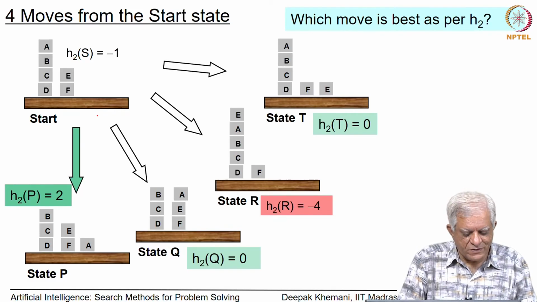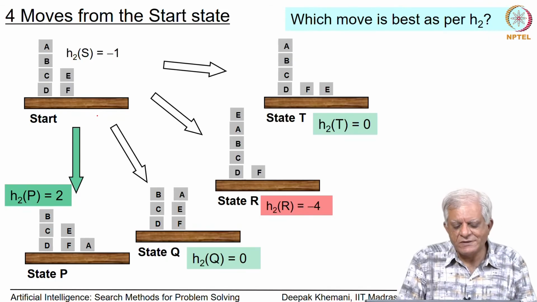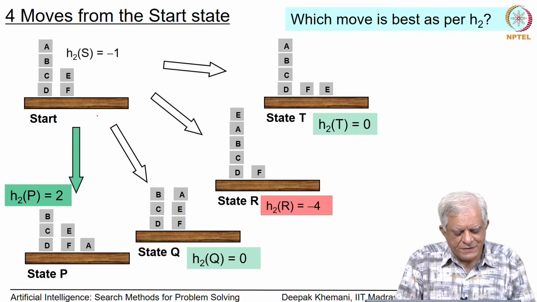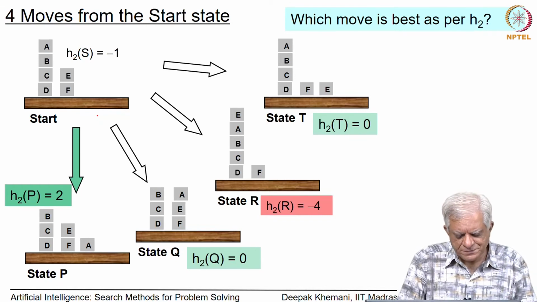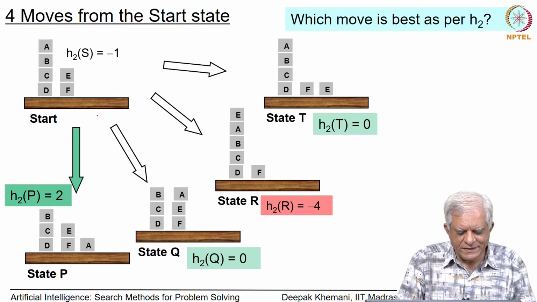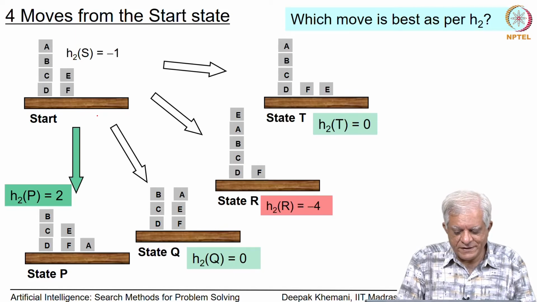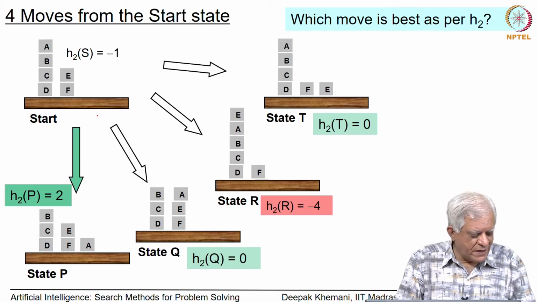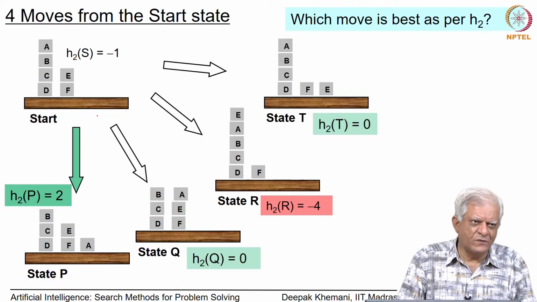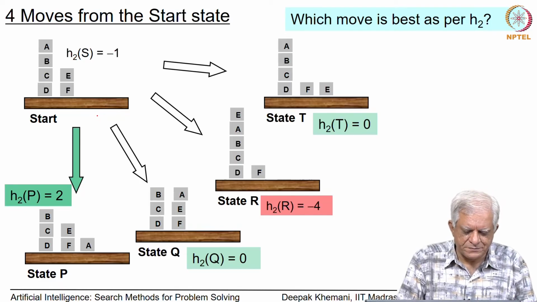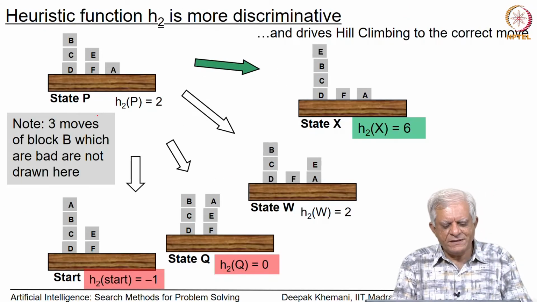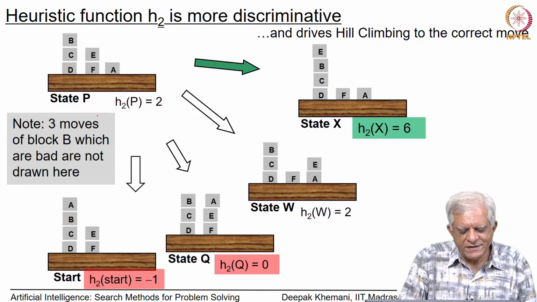State P has a value of 2, the start state has a value of -1, and remember that the goal state has a value of +10. State P has a value of 2, it turns out to be the best state as depicted by the green arrow. State Q has a value 0, state R has a value -4, and state T has a value of 0. So, our algorithm will move to state P. Now, from state P it sees many moves.